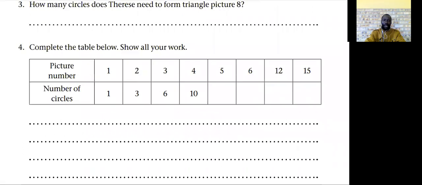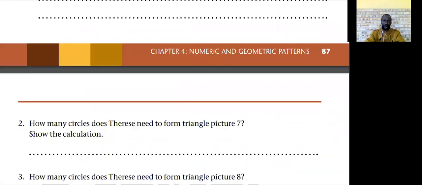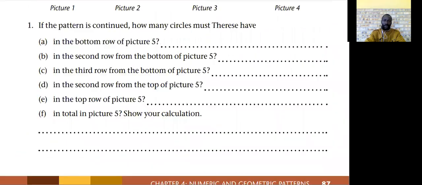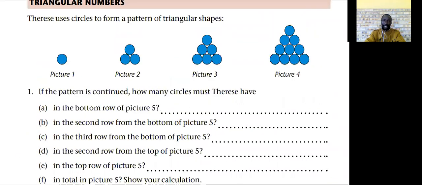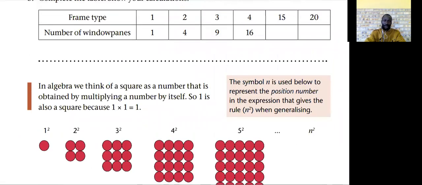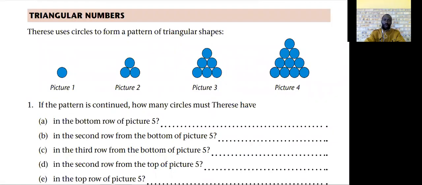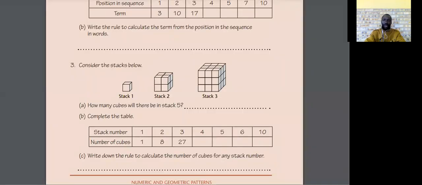That is all for triangular numbers. So triangular numbers has 4 questions. Then square numbers also 5 questions. So 5 questions on square numbers, 4 questions on triangular numbers, and 3 questions on the general investigation.